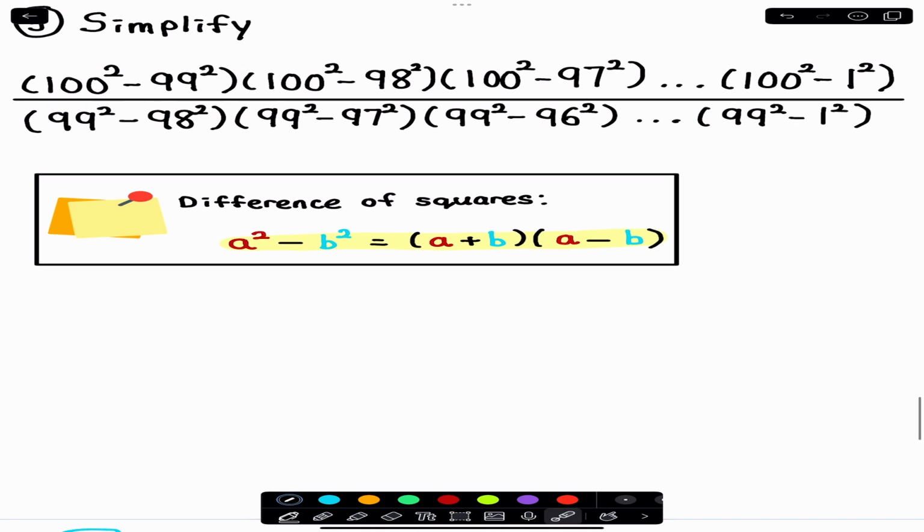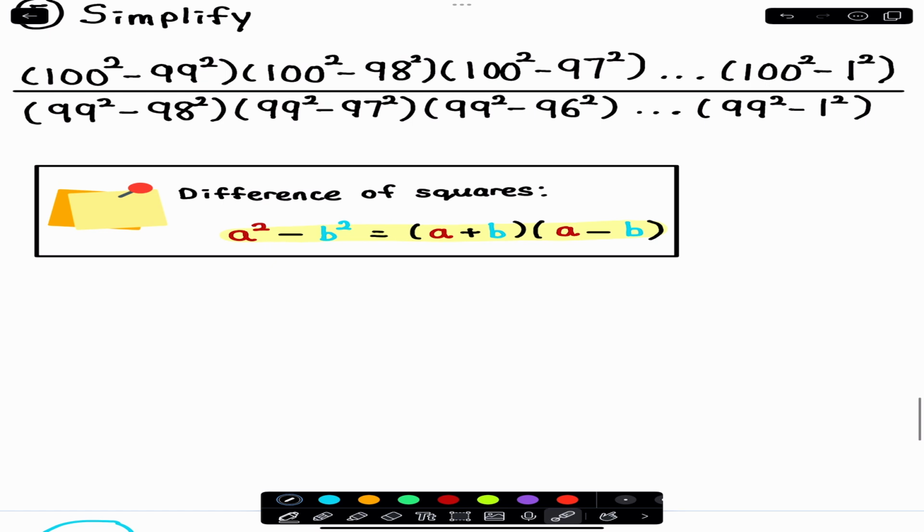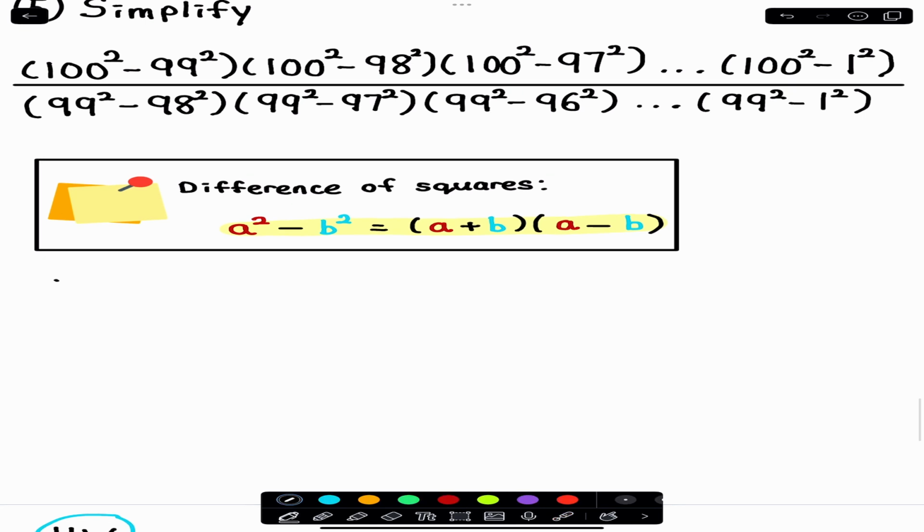Let's use difference of squares on every single term in this problem. Yes, every single term, starting with 100 squared minus 99 squared. This one can be rewritten as 100 plus 99 times 100 minus 99. Same thing for 100 squared minus 98 squared. That's equal to 100 plus 98 times 100 minus 98.